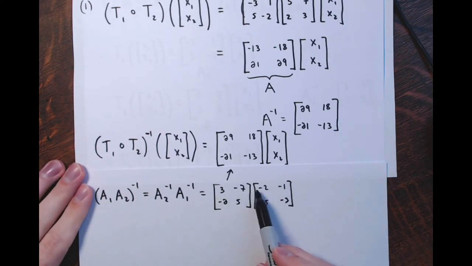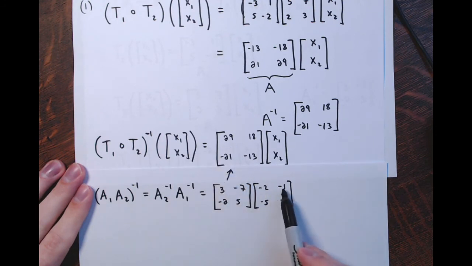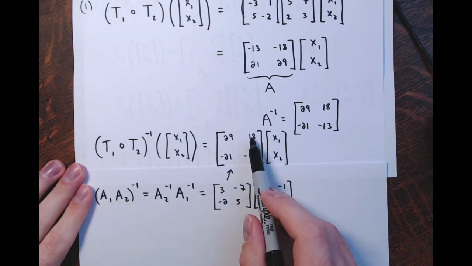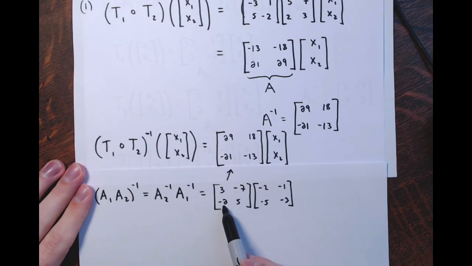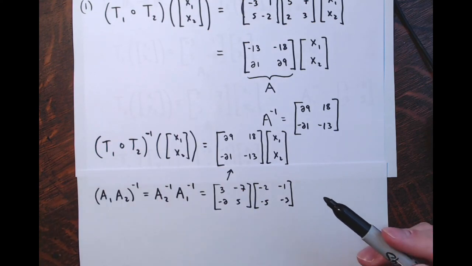You'd have -6 plus 35 would be 29. -3 plus 21 would be 18. 4 minus 25 would be -21. And 2 minus 15 would be -13. Saying that the product of these two is that standard matrix. So that's all they were saying.